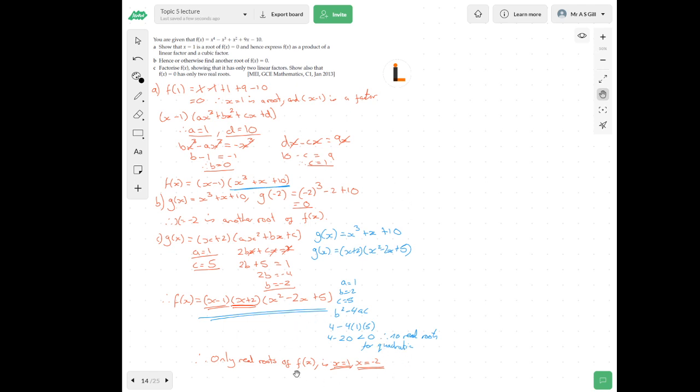The second bit down here, using the discriminant, is the proving of the real roots, and this is the factorizing bit up here. I'll leave that up for a little while though, so you can have a look through.